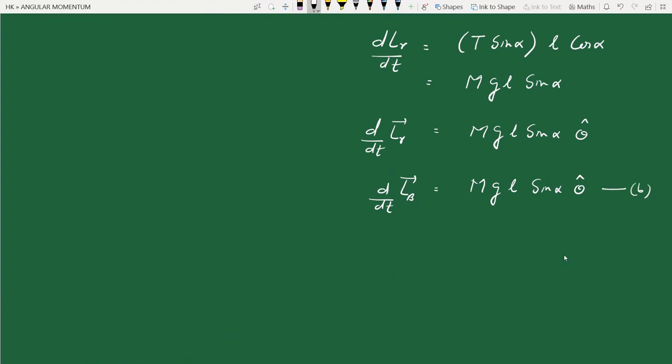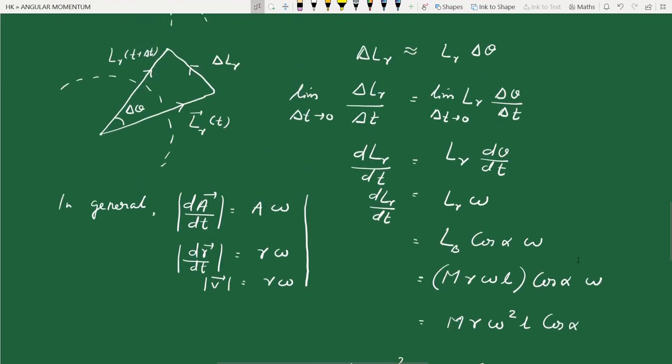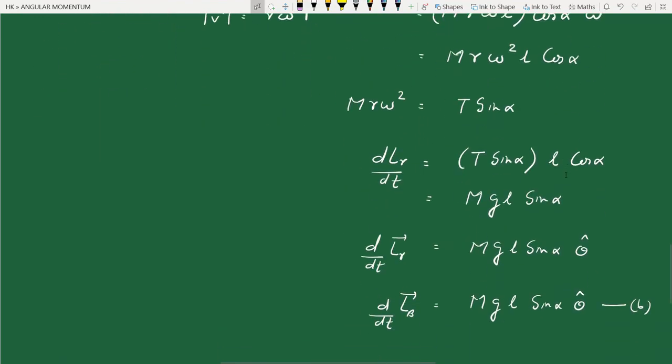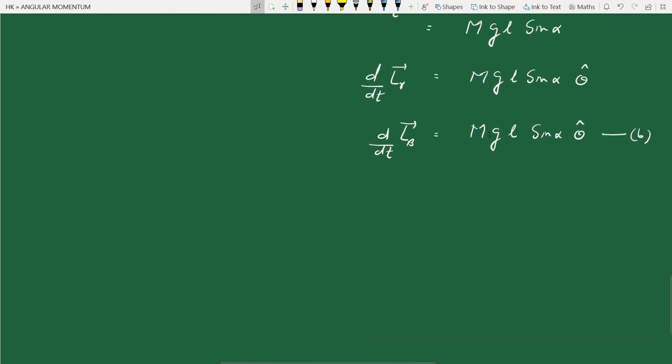Look at equation 5 now. What is equation 5? Torque on the bob about the point B is mgl sin alpha theta cap. Look at the right hand side of equation 6, mgl sin alpha theta cap. So it means that the left hand side also should be the same.